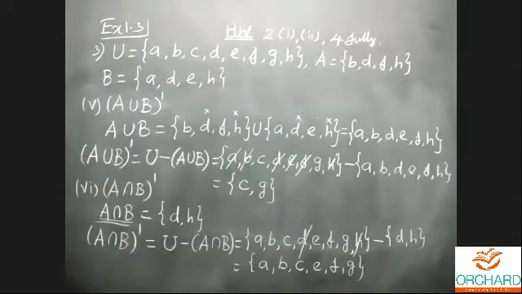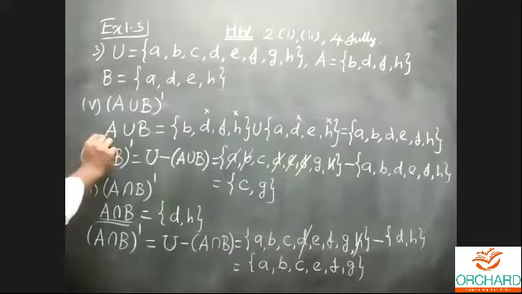Now we can complete the third one, fifth and sixth subdivisions: (A union B)' and (A intersection B)'.